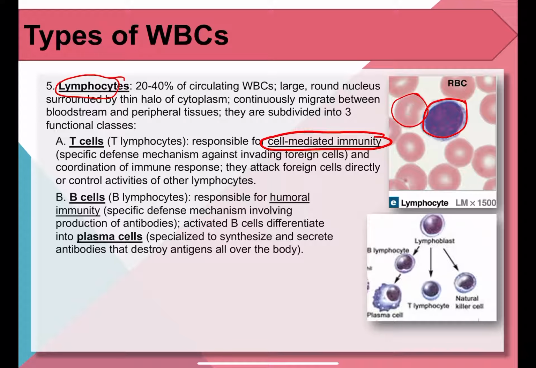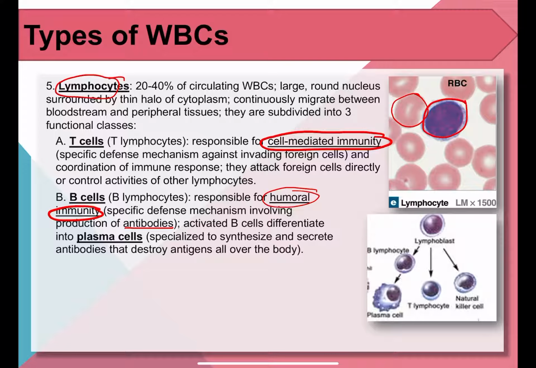B cells, on the other hand, or B lymphocytes, are responsible for what's called humoral immunity. Humoral usually means something to do with fluid. So these are the guys responsible for producing antibodies that will either mark the pathogen as foreign so other cells can fight and eat them up, or the antibodies will destroy the cell itself.